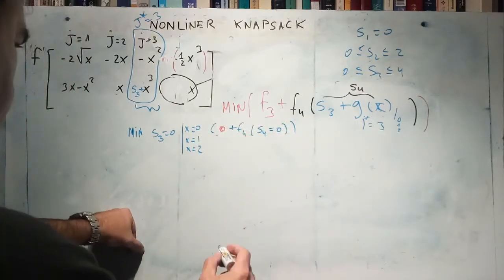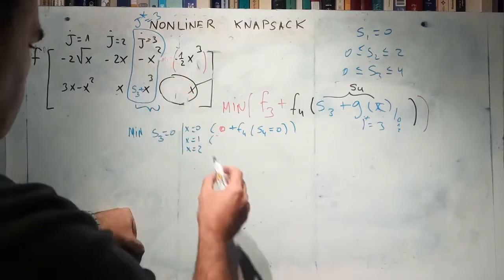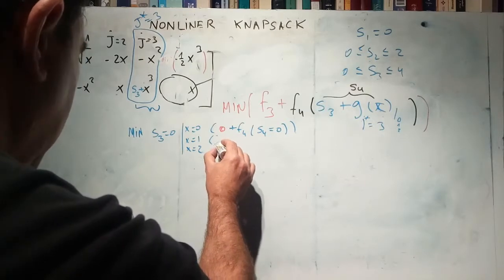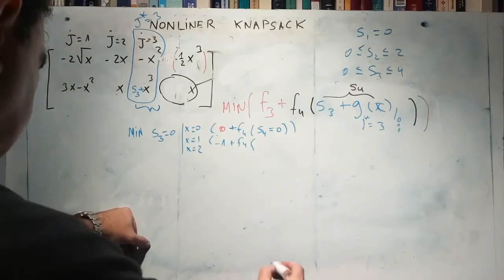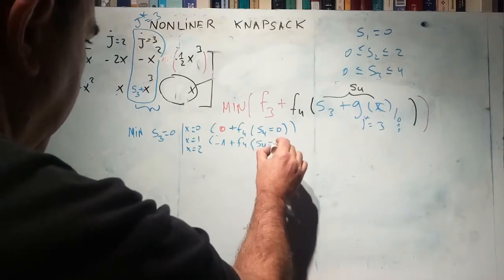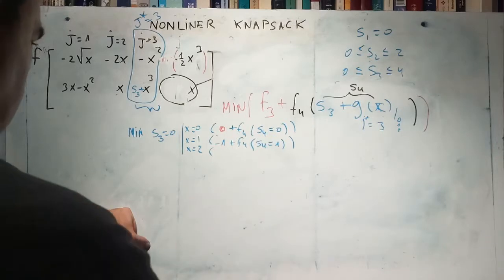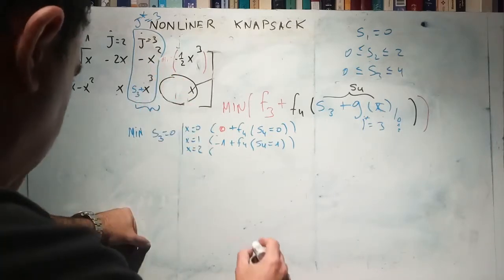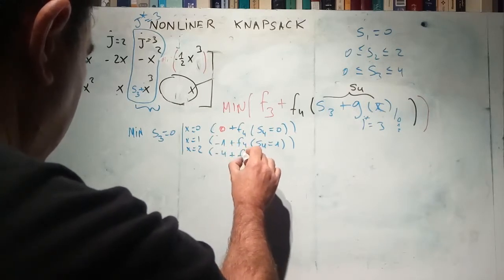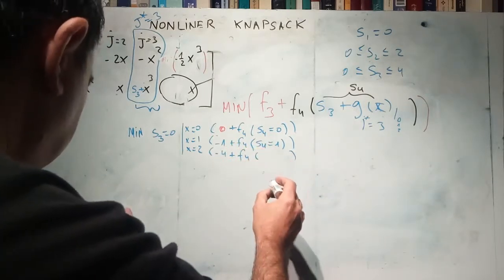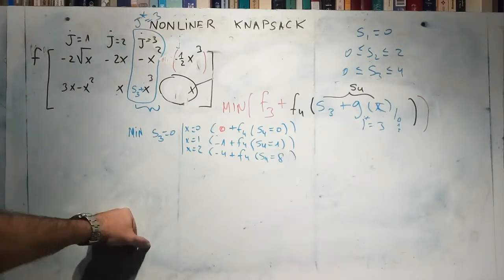For x being 1, the value of s3 is minus 1 plus f4 at the bracket of s4 being 1. And for x2, the value is minus 4 plus f4, the value of S4 being 8.